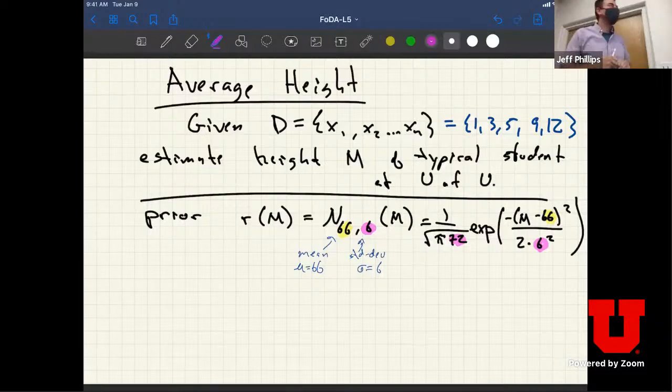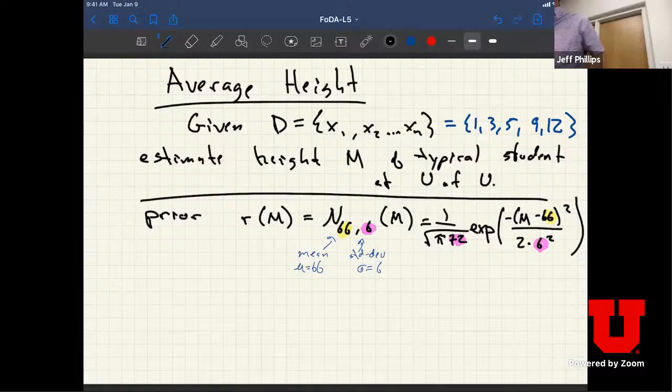These are slightly different. This is a national thing, and this is at the U, so they're not quite the same. I don't completely trust the prior because of that.